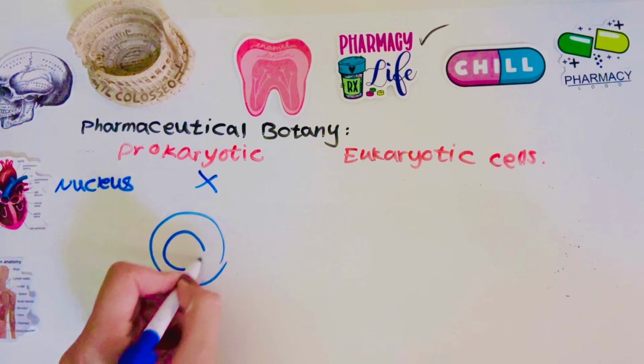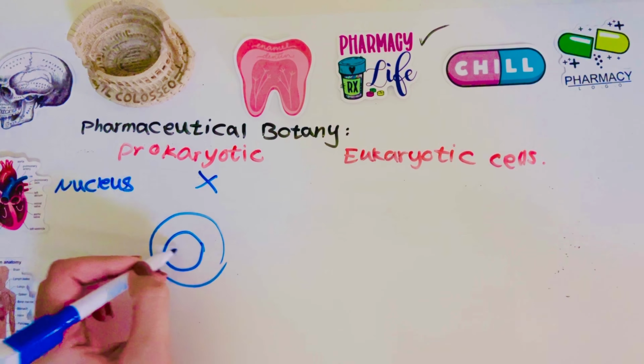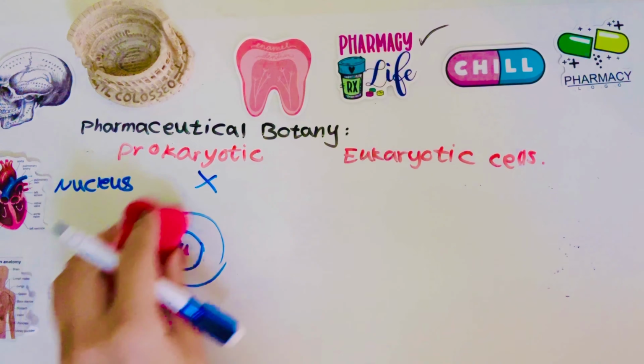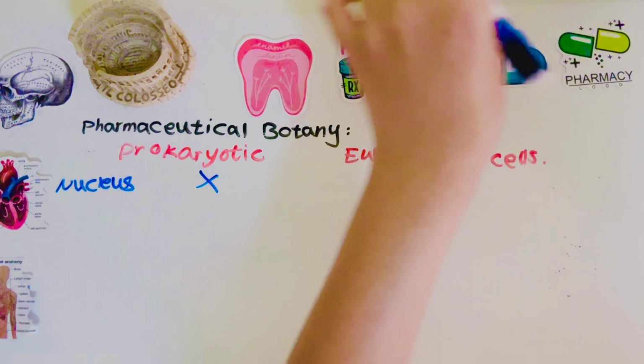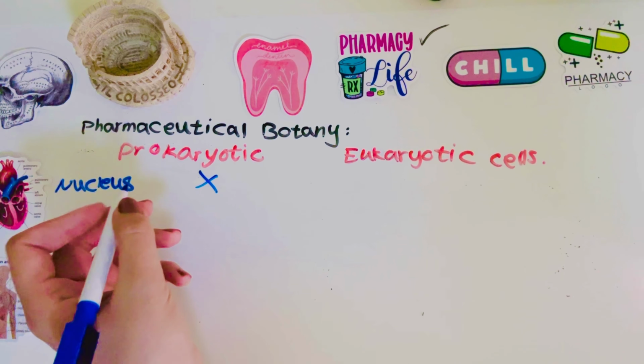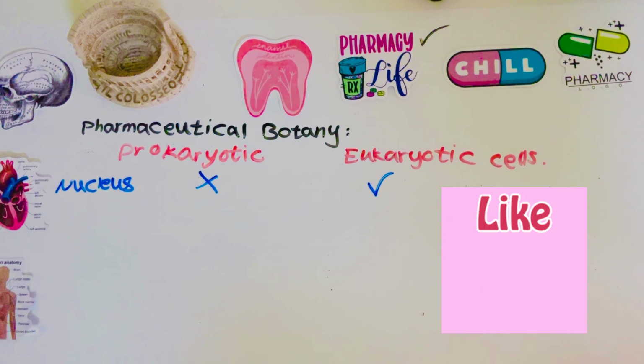If this is the cell and they don't have this membrane inside in the middle of the cell, I mean the nucleus, then you can say that this one is not a eukaryote. So prokaryotic cells don't have it, but the eukaryotic ones do.